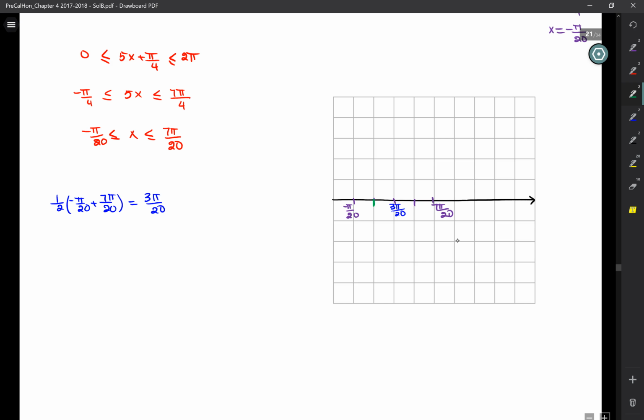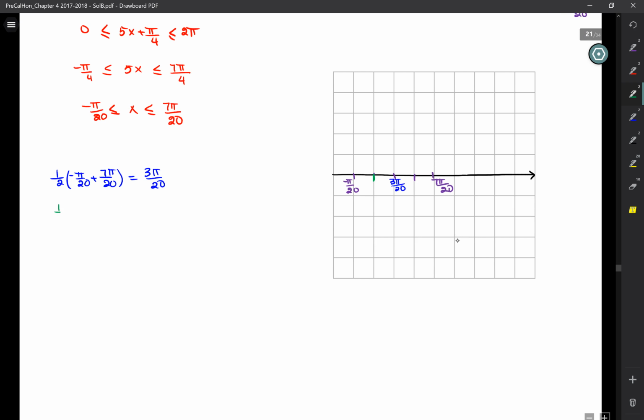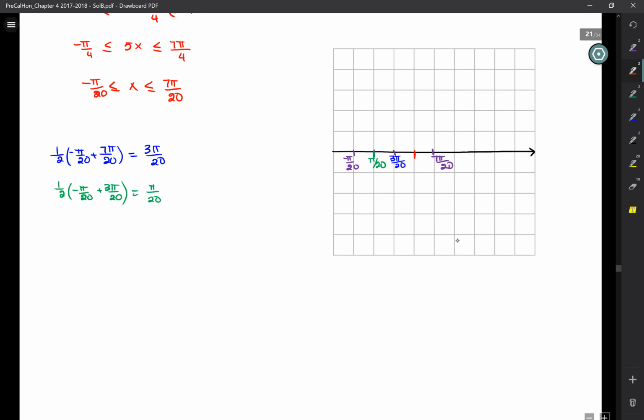The first quarter point is half of negative pi over 20 plus 3 pi over 20. That's 2 pi over 20, and half of it is just pi over 20. And then the last point, the 3/4 of the way, is half of 3 pi over 20 plus 7 pi over 20. So that's 10 pi over 20, 5 pi over 20, which is pi over 4.